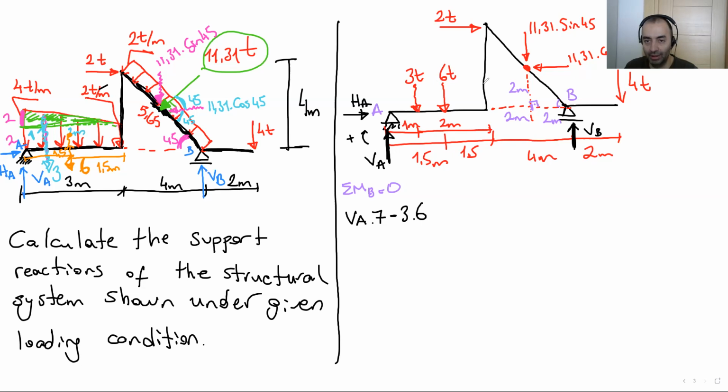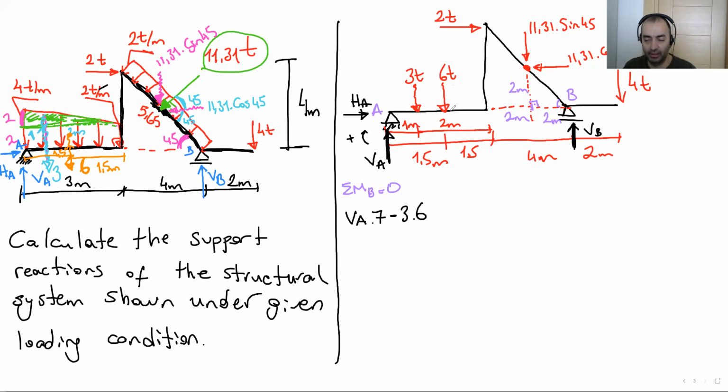Okay, let's do this 6 ton. Is it positive or negative? Any idea? This is negative. It's in the same direction as the 3 here. So it goes downwards.